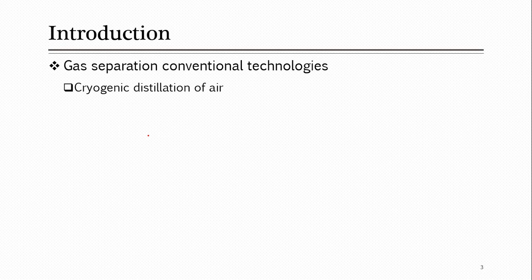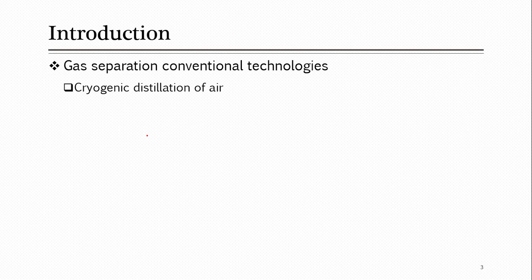Cryogenic, hopefully you are already aware of this word, that's something at very low temperature. So when we say cryogenic distillation of air, it means air is already in the gaseous phase, so you have to cool it down to very low temperature so that it is condensed.